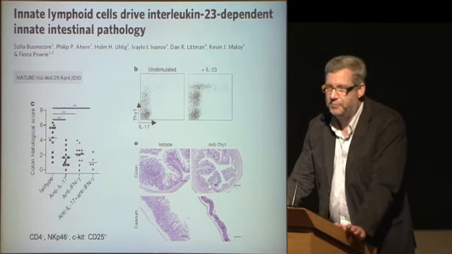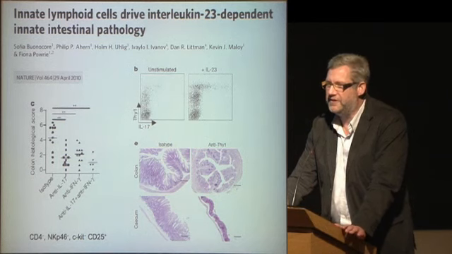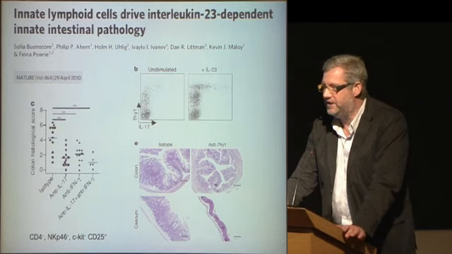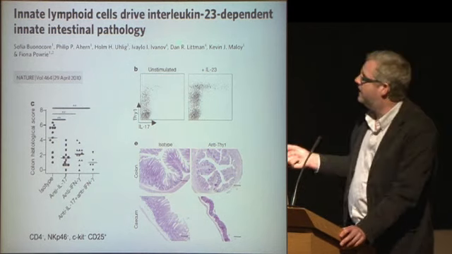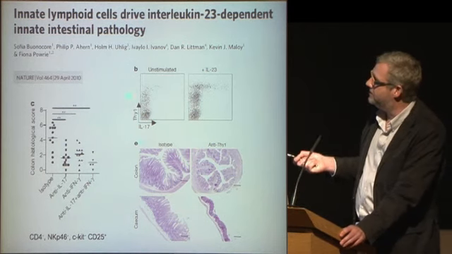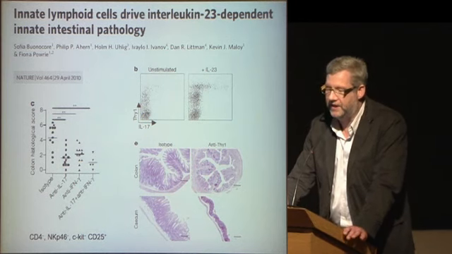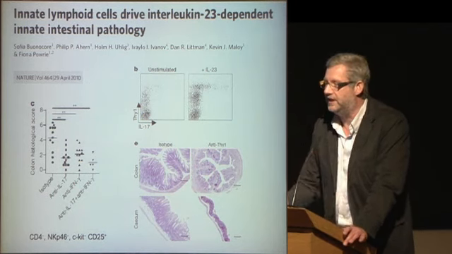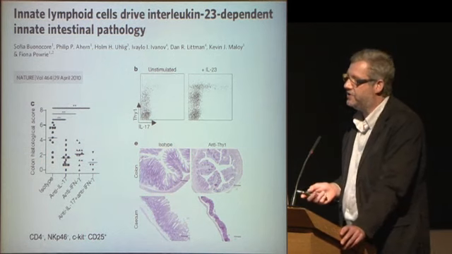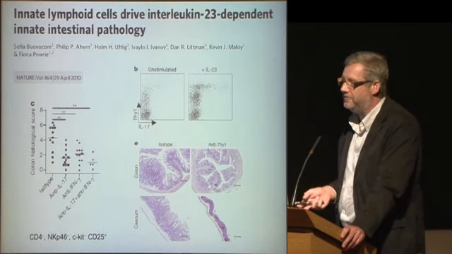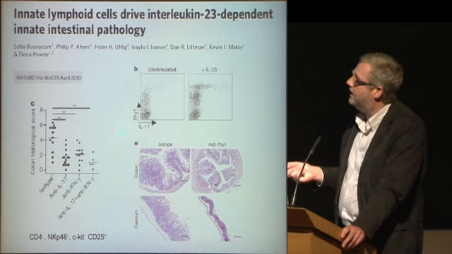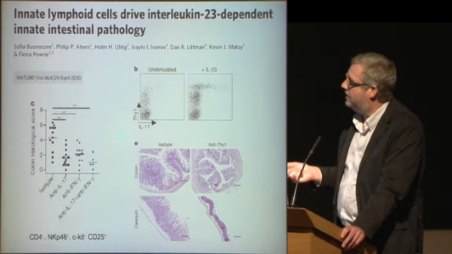I just wanted to add the point that, in fact, all of the ILCs that have been described express Thy1. So while this marker is very useful in terms of identifying innate cells that can produce these cytokines at very high levels, the Thy1 expression is by no means specific to these IL-17 producing cells.